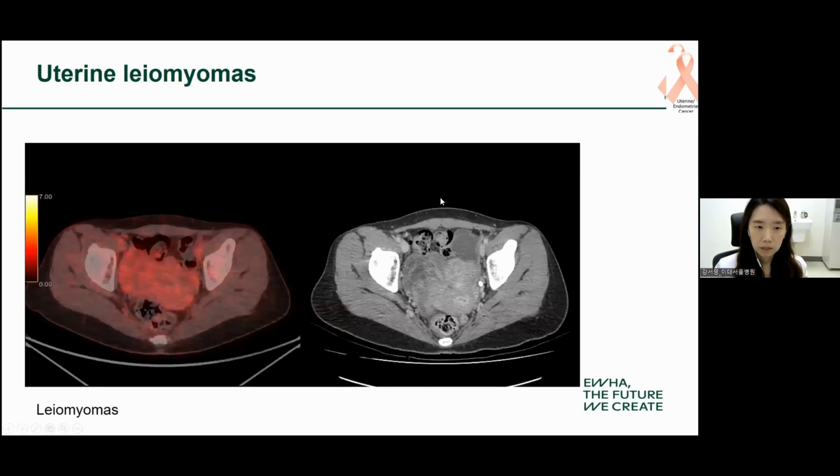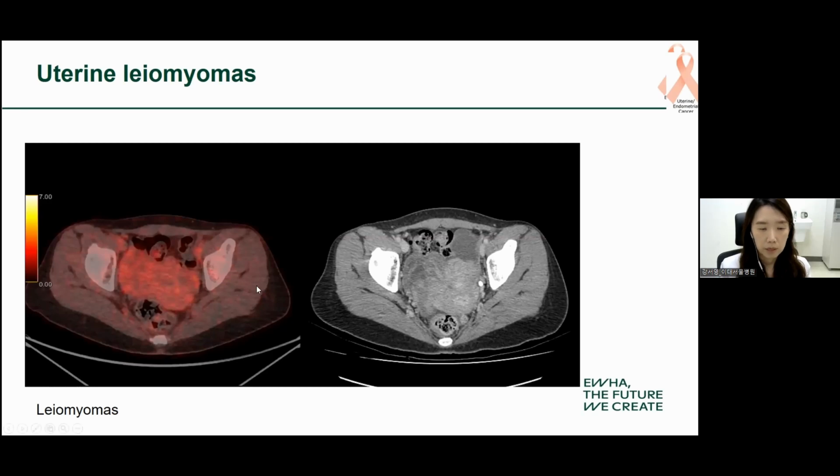And the next case is uterine leiomyoma. Actually, uterine leiomyoma is a very common benign tumor in the uterus. However, sometimes it is confused with the other mesenchymal tumor, sarcoma. So sometimes clinicians perform FDG PET/CT to rule out malignant sarcoma.